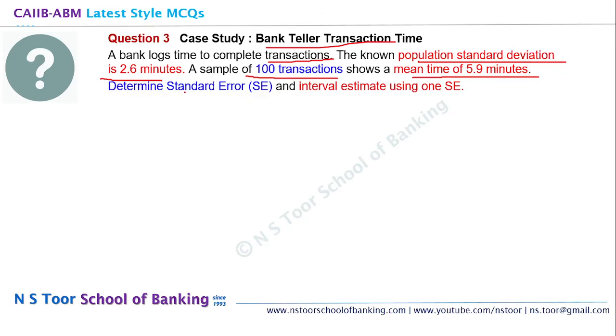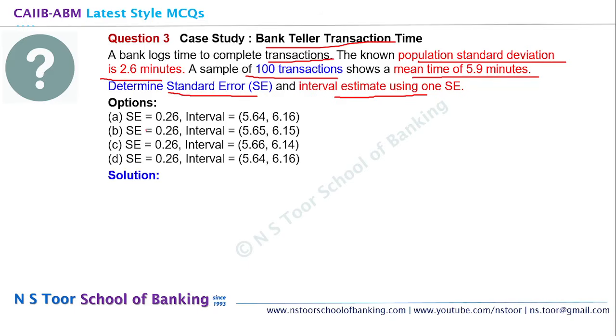सो हमें स्टैंडर्ड एरर डिटरमाइन करनी है एंड इंटरवल एस्टिमेटिंग यूजिंग वन स्टैंडर्ड एरर. तो जो स्टैंडर्ड एरर आ जाएगा, by using that standard error we have to calculate the interval estimates. So let us go for the answer. So what is the formula for standard error? That we have already seen, that standard error is equal to sigma, that is the population standard deviation, divided by square root of n.